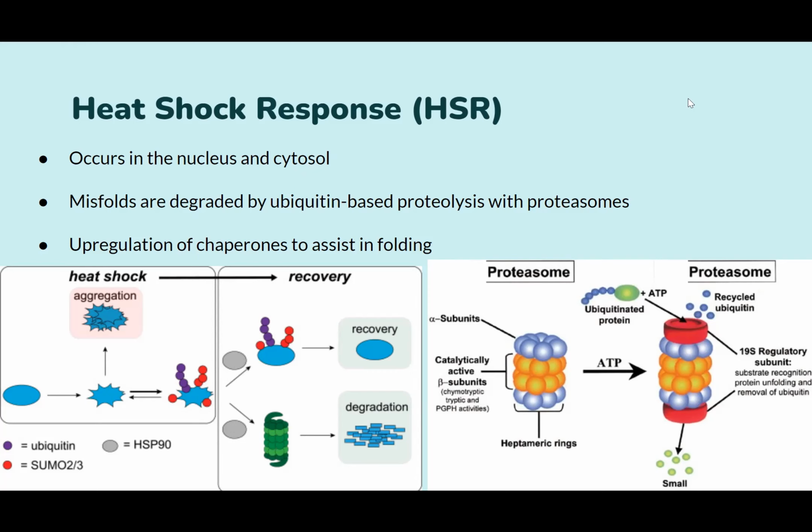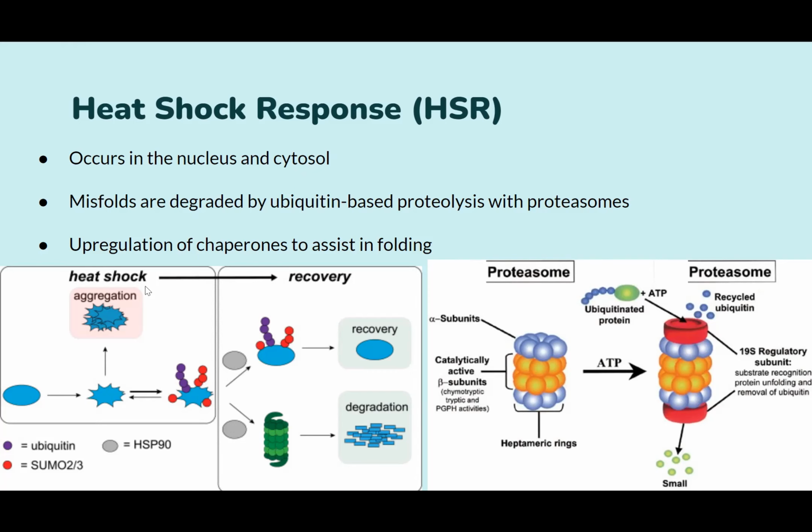I think Laura talked about it just today. So proteasomes are just big multi-complex proteins that can take other proteins and break them down into amino acids again. And so this reduces the number of misfolded, unfolded proteins in the cell. And another thing is, right, upregulation of chaperones. This is just to assist in folding.